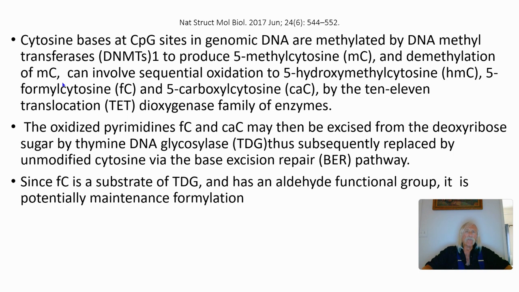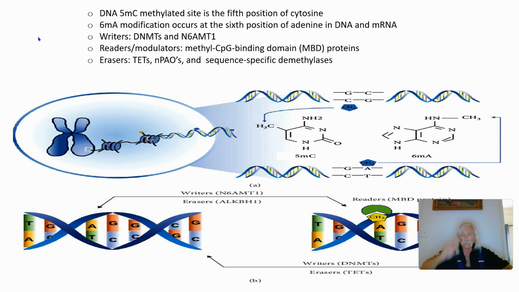But because formyl groups have an aldehyde functional group, and because of the mechanism of the enzyme, it's potentially going to be a remaining formylation, thus a maintenance formylation in the nucleic acid. We talk about maintenance methylation for epigenetic signatures. This could be maintenance formylation. Okay, so you understand the nomenclature.